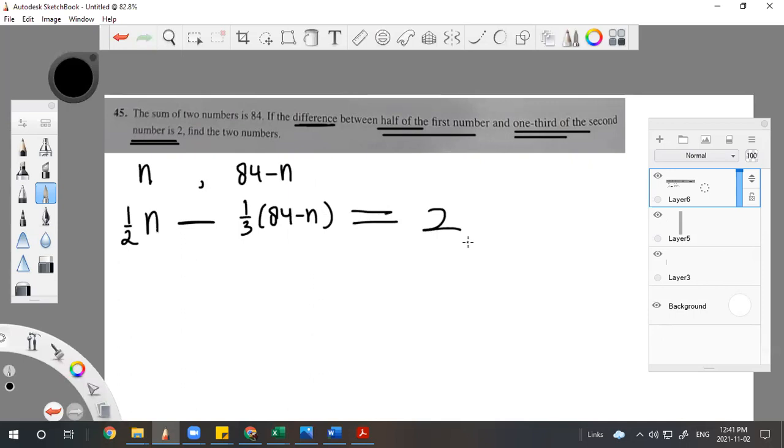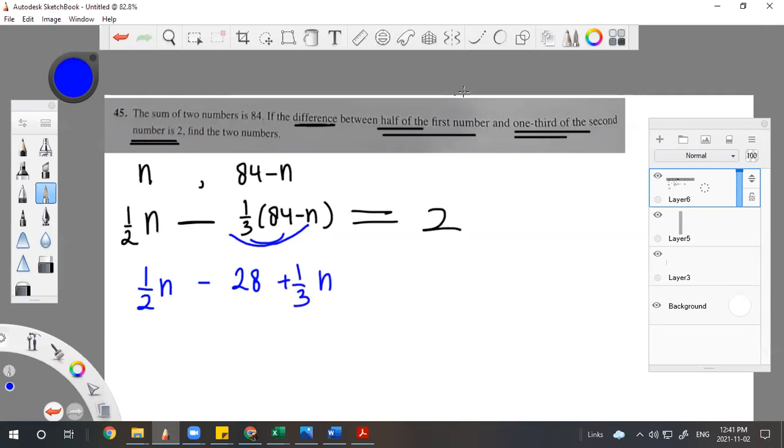Ya, what is the two numbers? Pelan-pelan taruhnya berarti. Oke, so half n subtract 1/3 times 84 minus n. 1/3 times 84 berapa? Aduh, malas ya. 28. Terus minus times minus n, minus 1 over, plus 1 over 3n.